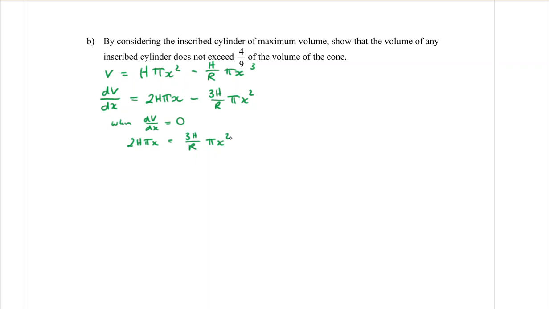Now, let's do some cancelling. We have a pi on this side and a pi on that side, so dividing everything through by pi, they would cancel off. We also have a h on each side that would cancel off. And if I was to divide this x across the other side, it would cancel off the squared.